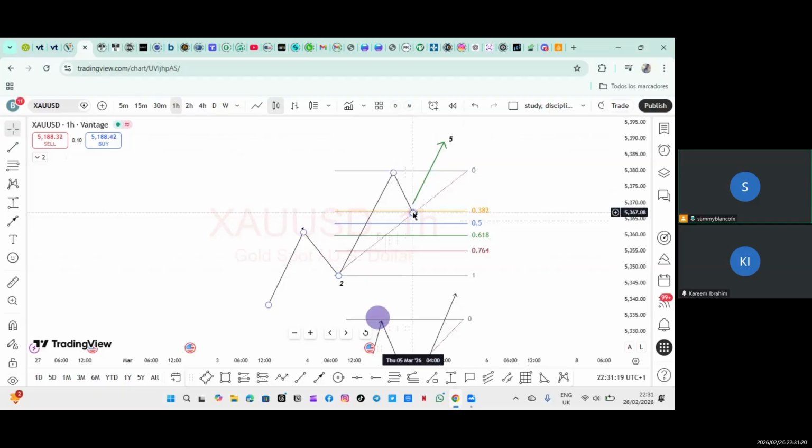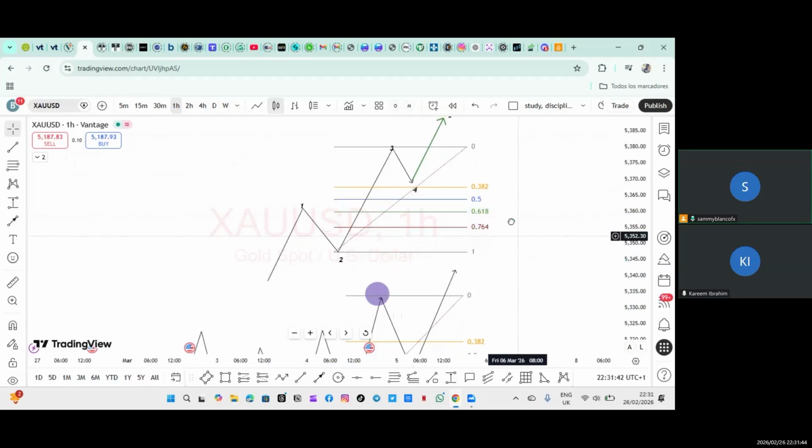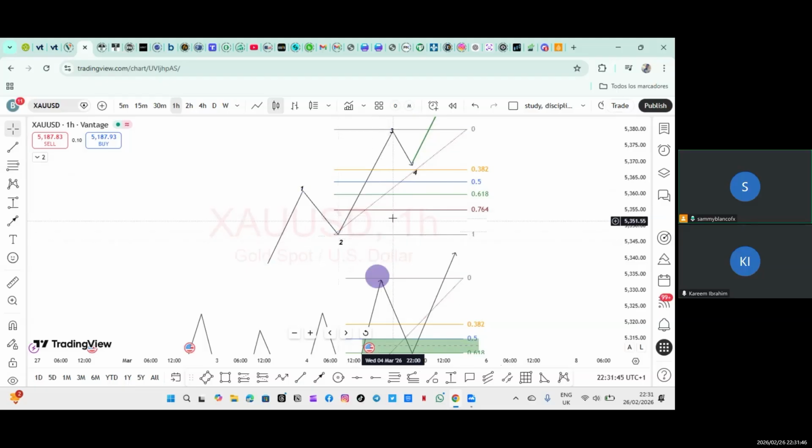The maximum is 50, but it never touches the 50. It cannot retrace half of wave 3. Most of the time, this wave 4 usually ends on this 0.3. But normally, our golden zone on Fibonacci is 50%, 0.6 level.